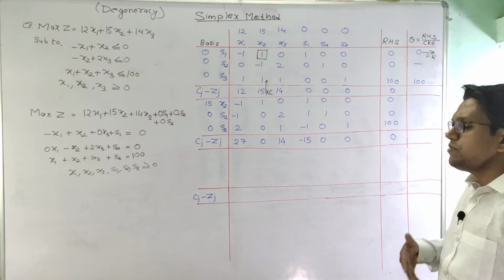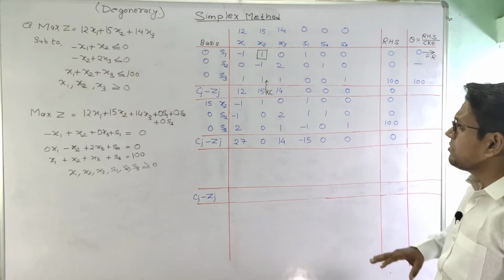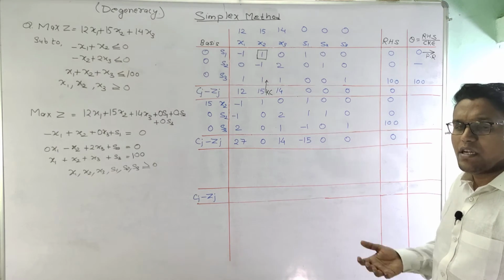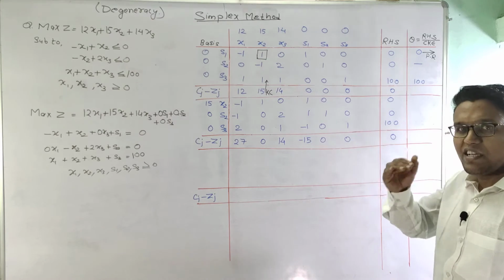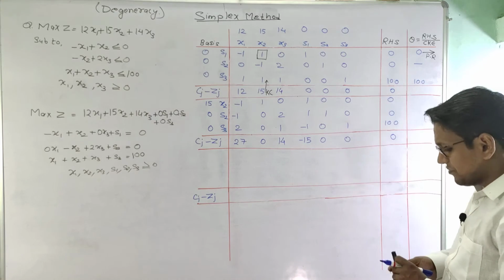Now if we continue to solve the problem, we will see that the problem automatically comes out of degeneracy, as the simplex algorithm has been designed in such a manner. So let us solve further.